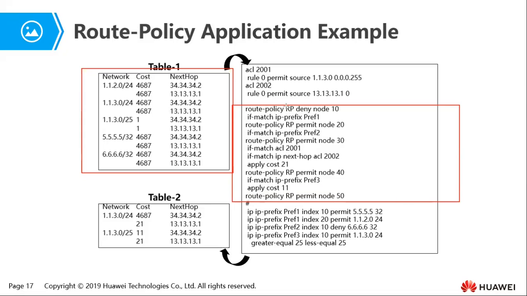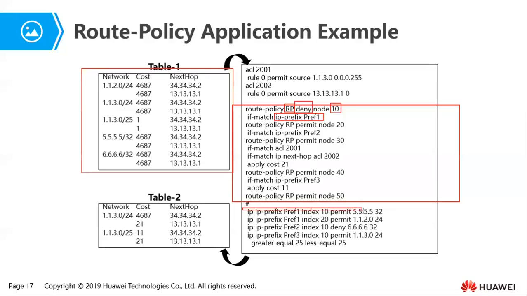Let's begin by looking at the route policies that we've created here. We have a route policy whose name is RP. Then we are saying deny. So the clause is deny. Then we are saying node 10. So that is the index for this particular route policy. Then we're saying if-match IP prefix that has the name pref1. Then after that, we go to another route policy. We don't have an apply clause. So let's evaluate what is in IP prefix pref1.